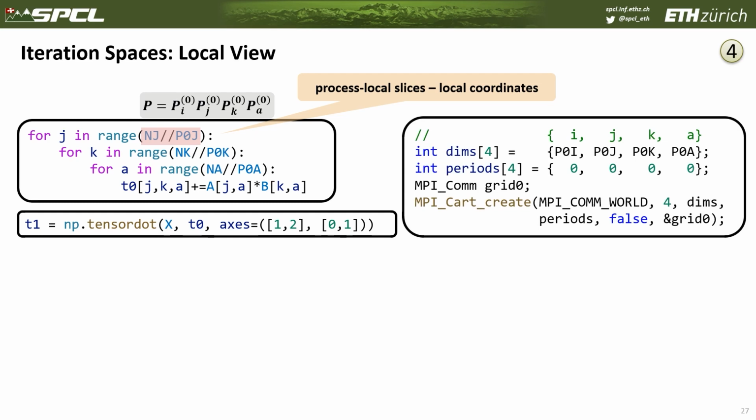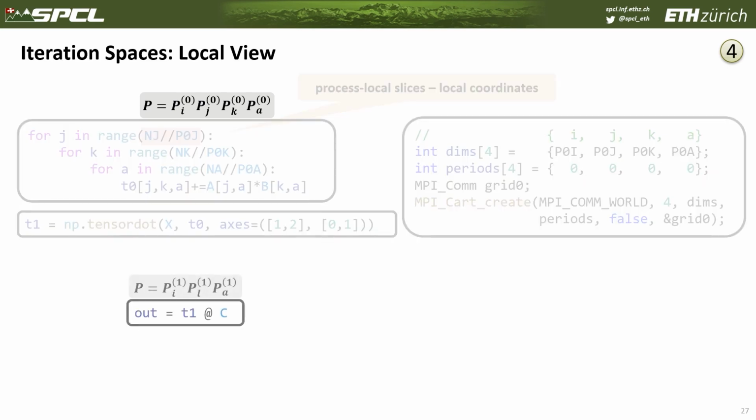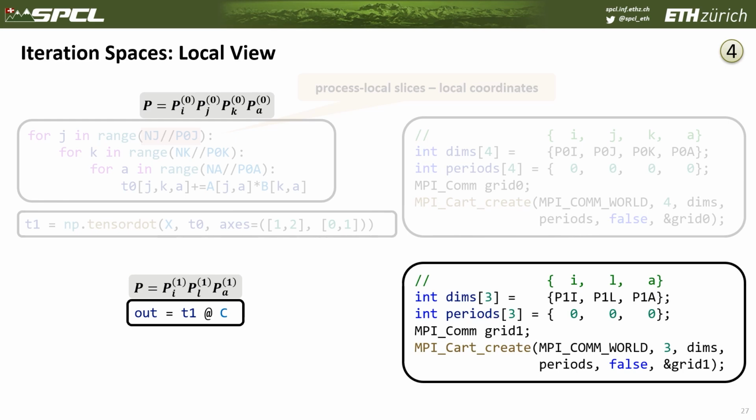Because we are interested in distributed computing, eventually in our code generation, we are going to use MPI. So for people that understand MPI syntax, we can implement this at a low level with MPI Cartesian communicators. And of course, we also have the second group, which involves the matrix multiplication, and for this, we are going to generate a 3-dimensional process grid.